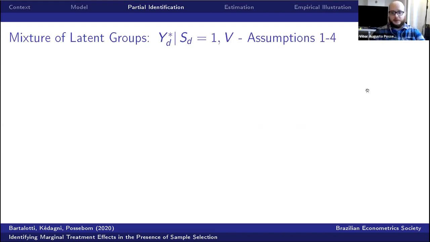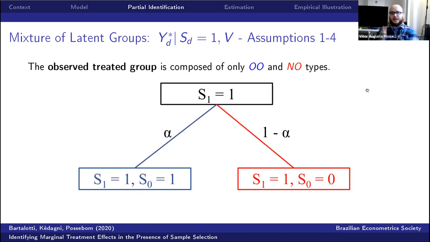And now that we have point identified the conditional distribution of wages given employment and V, we can discuss how this distribution can be written as a mixture of latent groups. So basically, the conditioning set is the observed treated group.